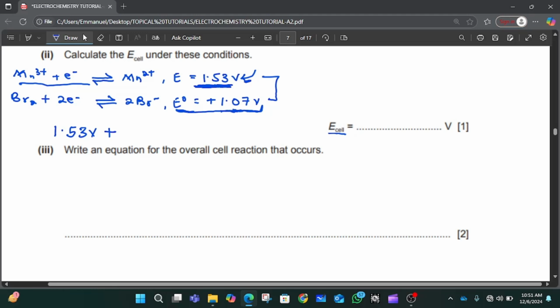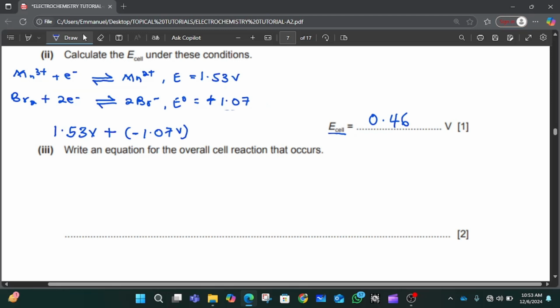So you have to reverse the sign of this electrode potential value. And so that will be negative 1.07 volts. And this gives us 0.46 volts.